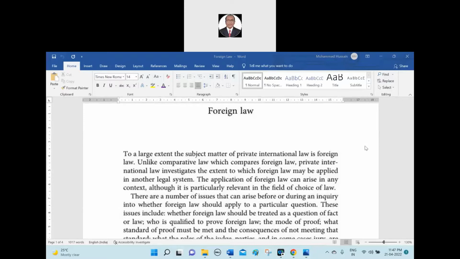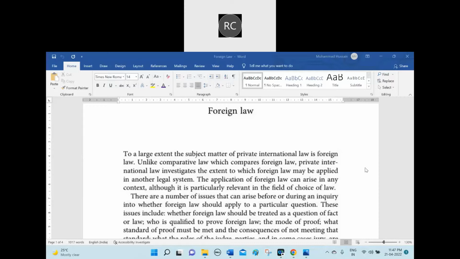Unlike comparative law, which compares foreign law, private international law investigates the extent to which foreign law may be applied in another legal system. The application of foreign law can arise in any context, although it is particularly relevant in the field of choice of law.